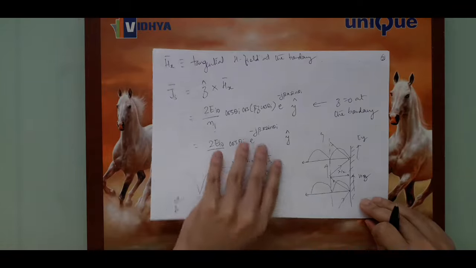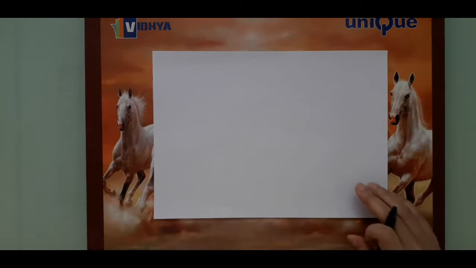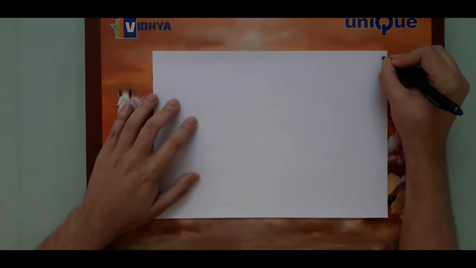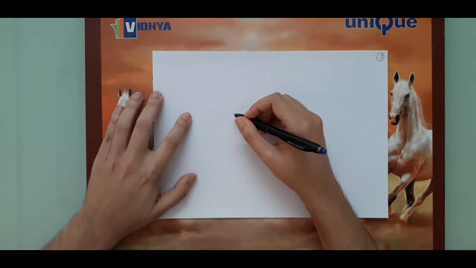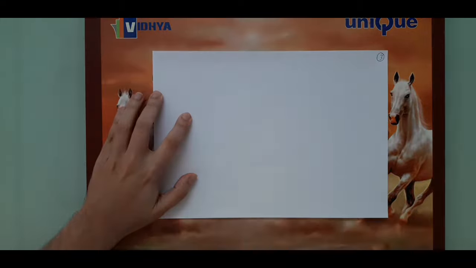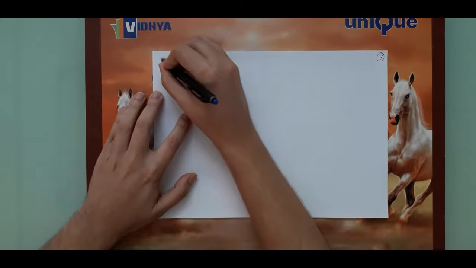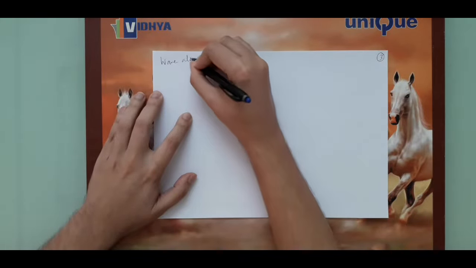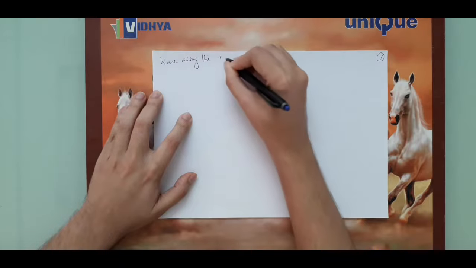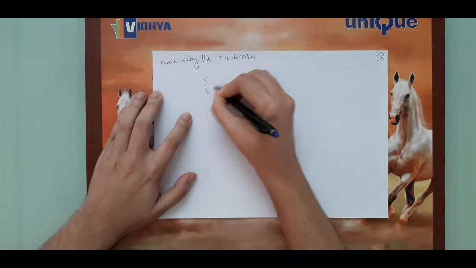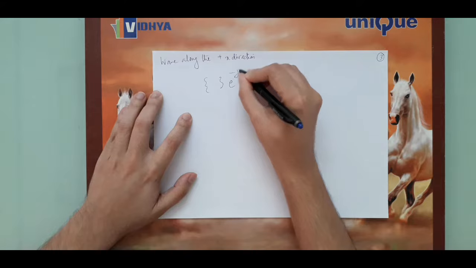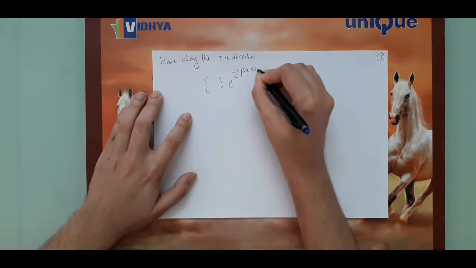Now, we saw the wave along the plus x direction, so this sort of looks like some constant times e raised to minus j beta x sine theta.